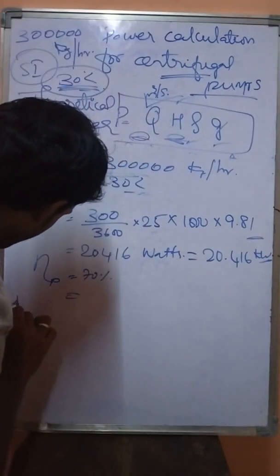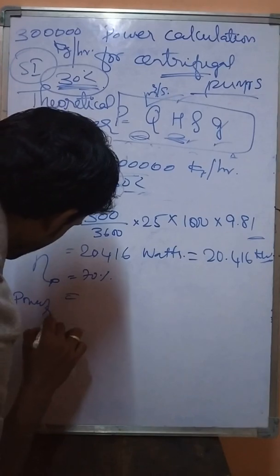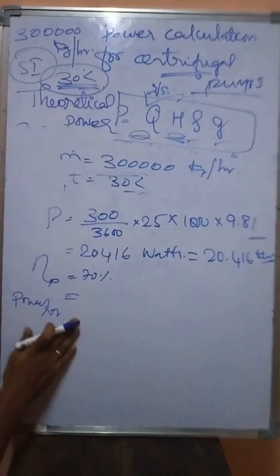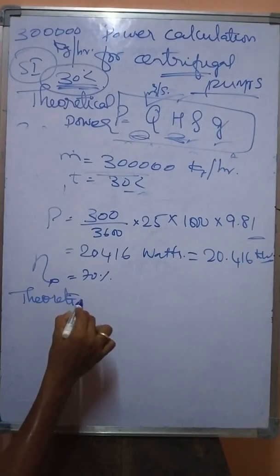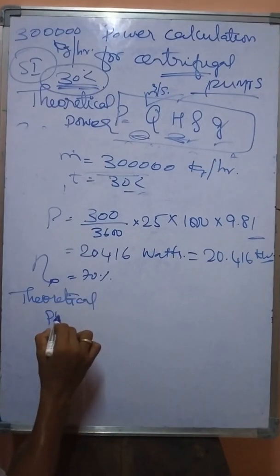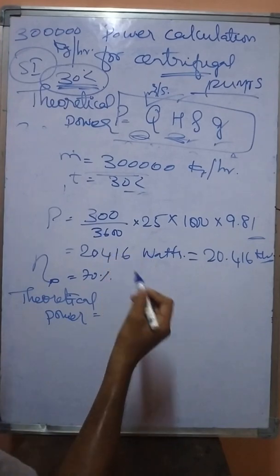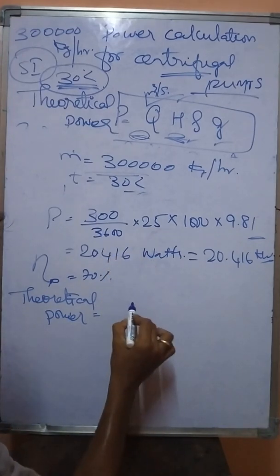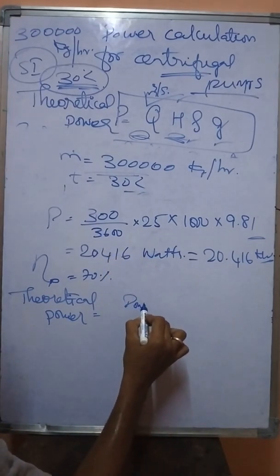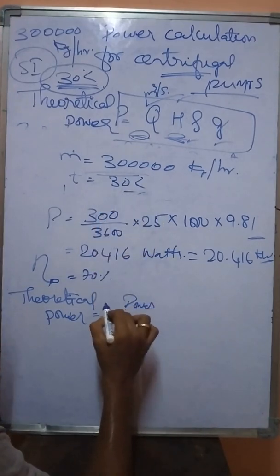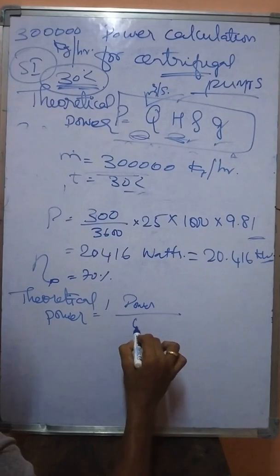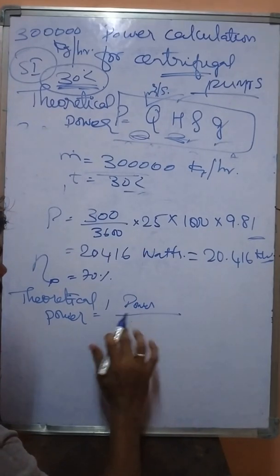The total power required is equal to the theoretical power, the power calculated for these conditions, divided by efficiency.